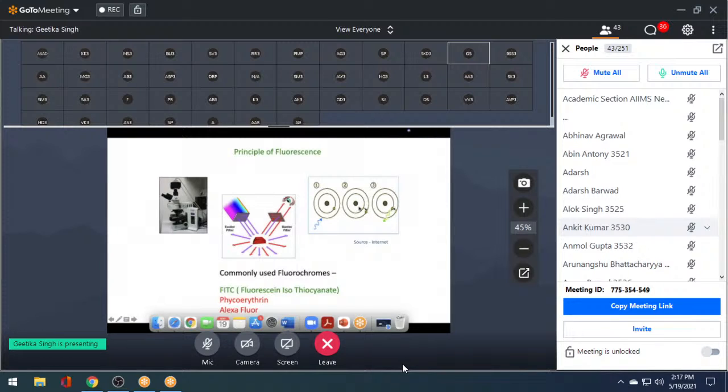And then when they come back to their original location, they will release light of a longer wavelength. So what FITC does, which is the most common, is that we put blue light on it, right? And if it's stuck in that section, then it will get excited. But as it comes back, it will release light in the green wavelength. That is what happens in fluorescence, whether it is direct or indirect.